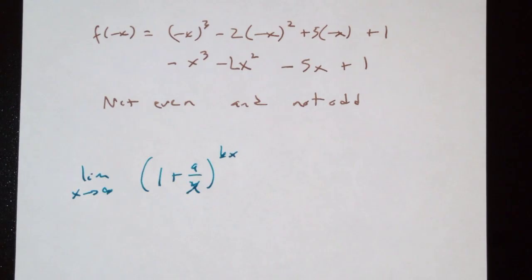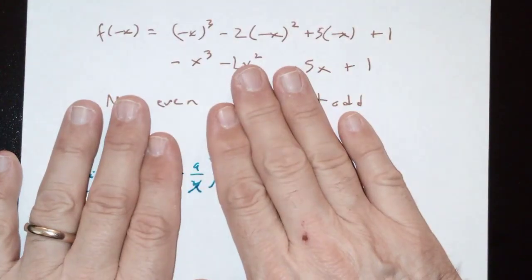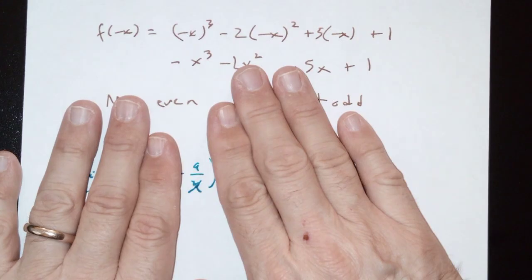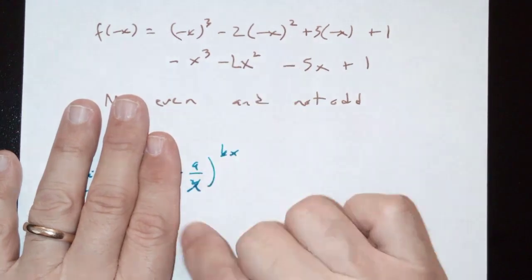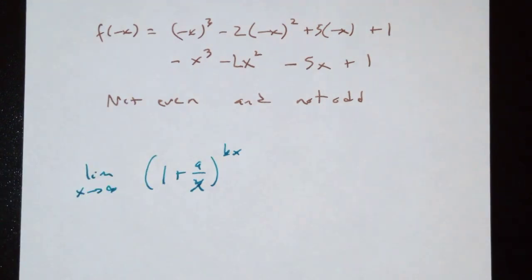As x gets bigger and bigger and bigger, what's going to happen to that number? A is a constant. The whole number gets smaller because this bottom is getting bigger, but the top is fixed. At the very worst, that's going to be 0. But in the limit, it will be 0, right?